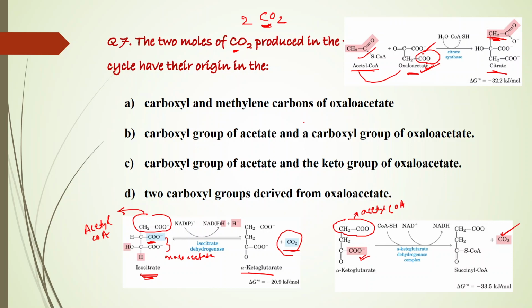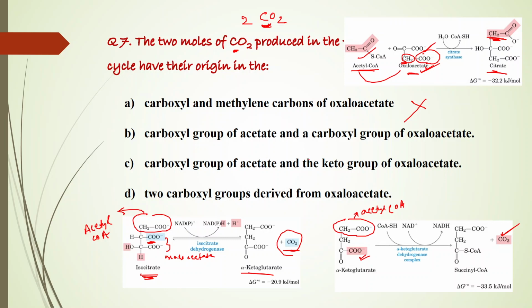So let us look at the options. The first one says carboxyl and methylene carbon of oxaloacetate. So these are the carboxyl group and this one is your methylene carbon of oxaloacetate. Does this convert to CO2? No, we have already seen that only the two COO minus groups in these steps are converting. So this statement is false. The methylene carbon does not convert to CO2.